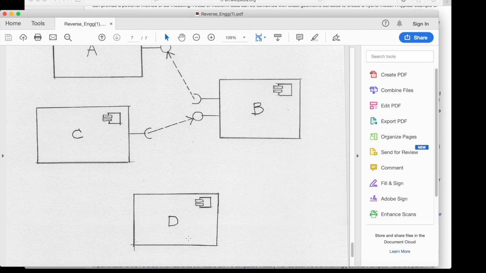So that forms a group of classes belonging to the same package.